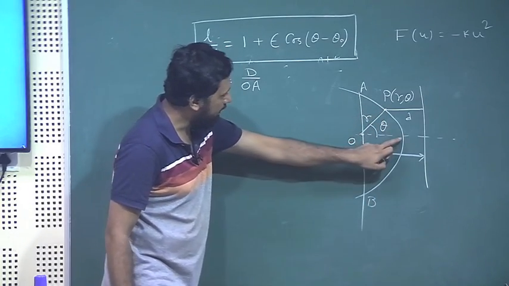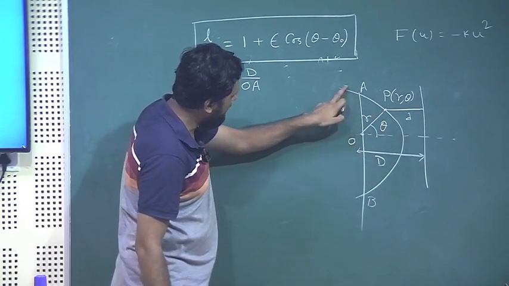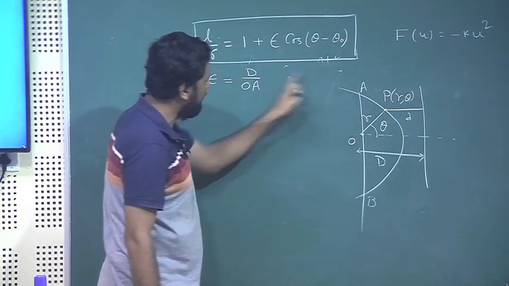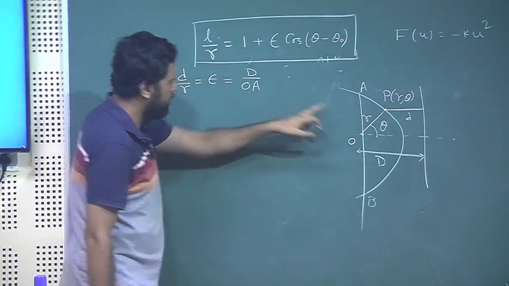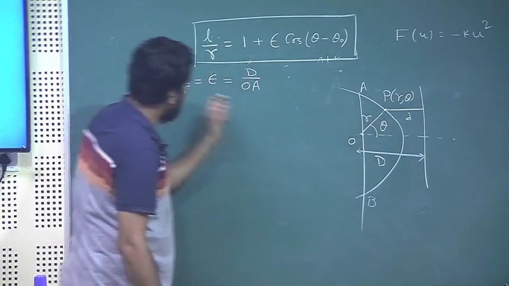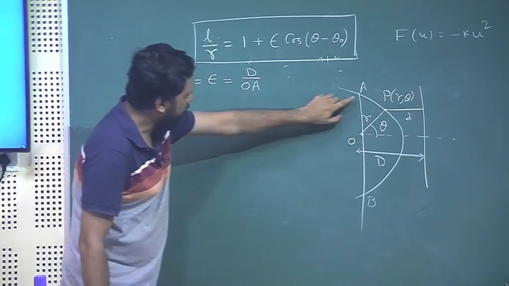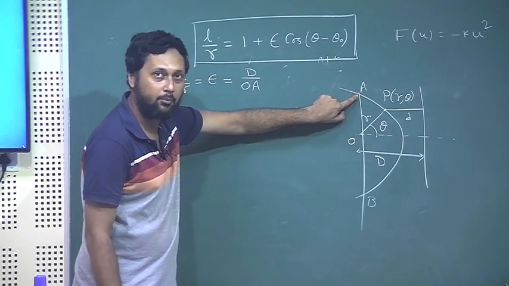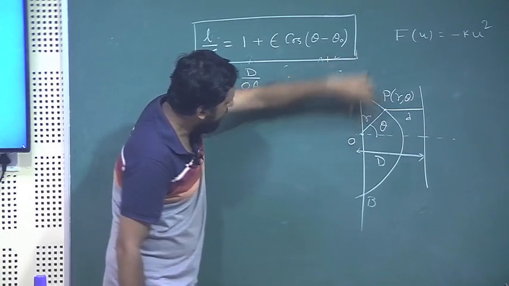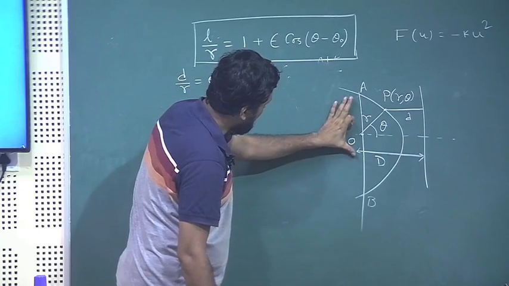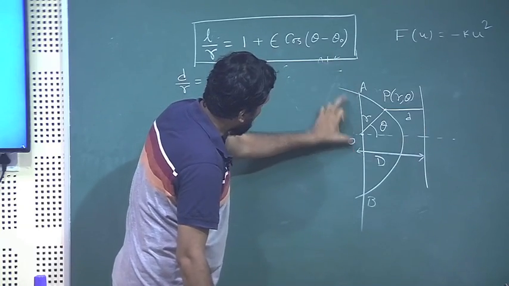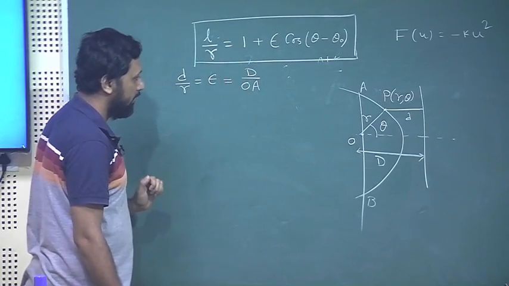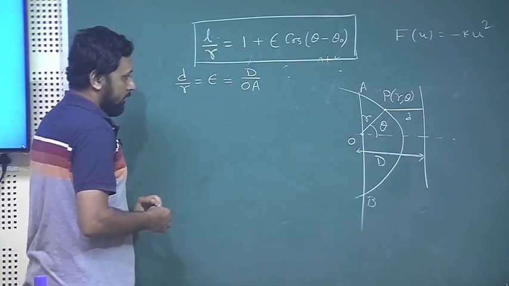So, if we take this point or that point or any point in between or any point on this side, this ratio of d versus r should always be epsilon. Now, when this point P is at point A, then your d is equal to capital D and your r is equal to OA. So, d by r equal to epsilon equal to D by OA.